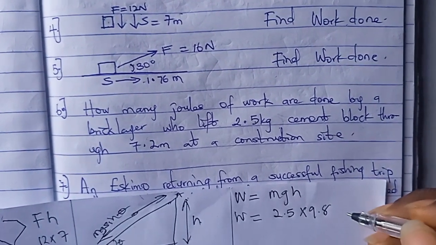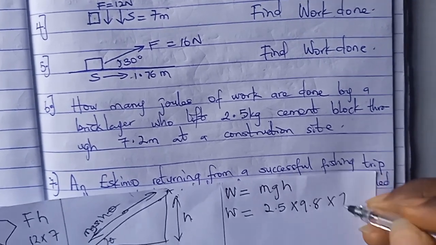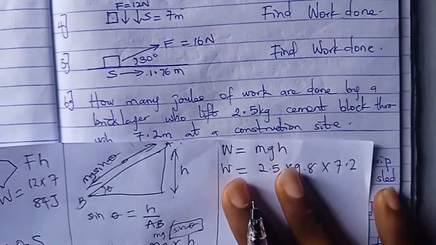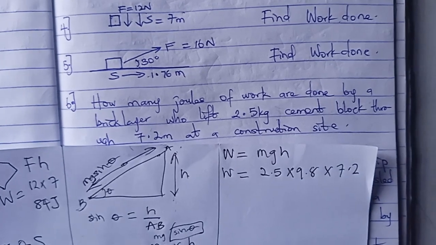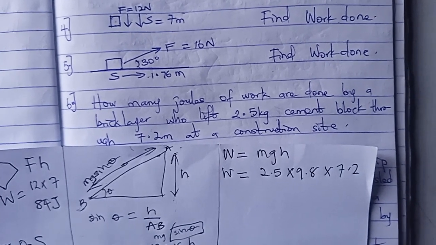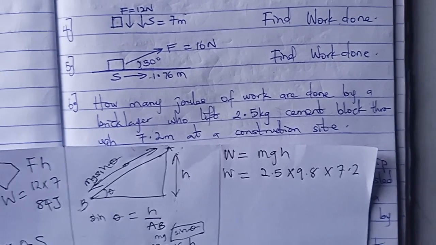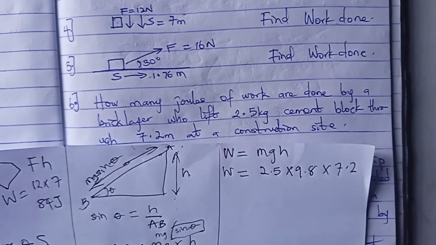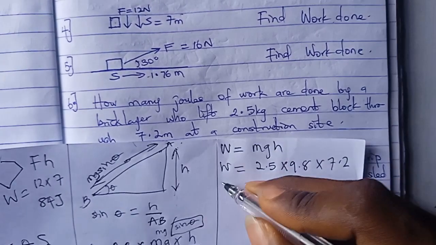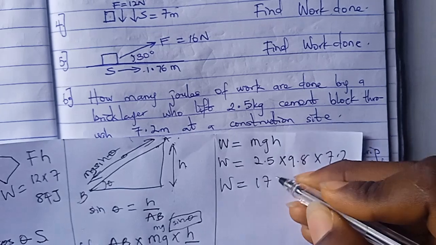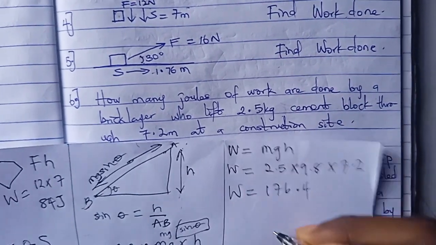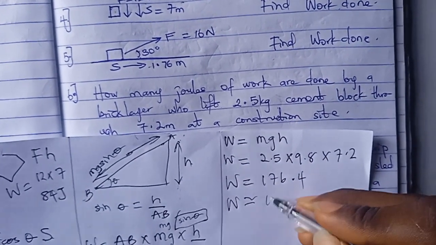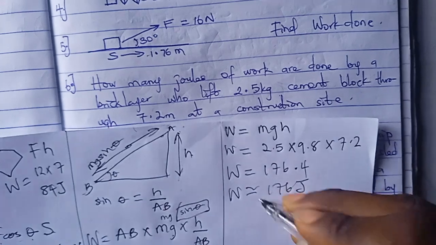I normally advise my students to use 9.8, then times 7.2. So 2.5 times 9.8 times 7.2. So work done there is going to be 176.4. So work is approximately 176 joules.